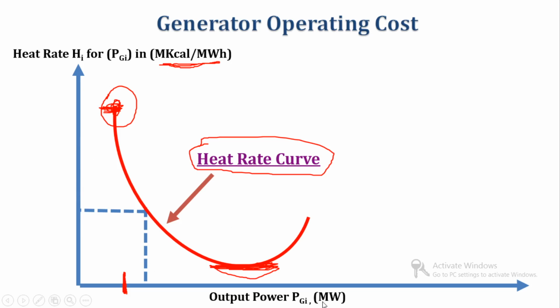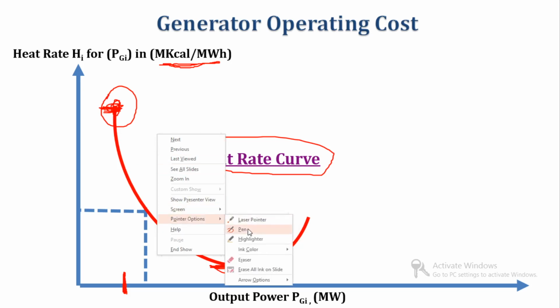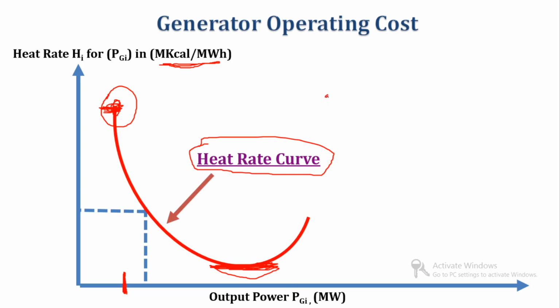That means we supply 1 unit and continuously measure the output power based on the heat rate that is generated in the boiler. So based on that, we have marked each and every point, the reading of each and every point, and finally we connect all the points one by one. So based on that practical data, we have drawn this graph.